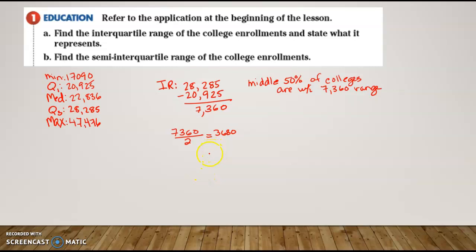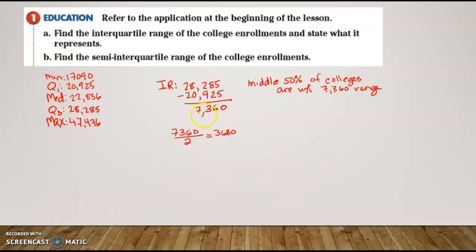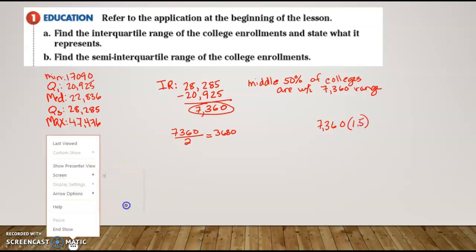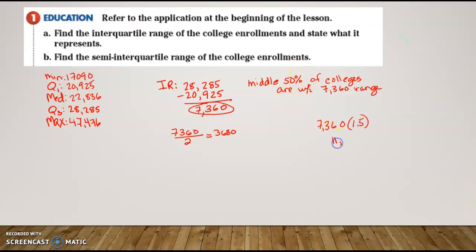So, when we had it on the last page, we were looking for outliers. It is the interquartile range times 1.5 above Q3. So let's see if there are any outliers. 7360 times 1.5 is 11,040.